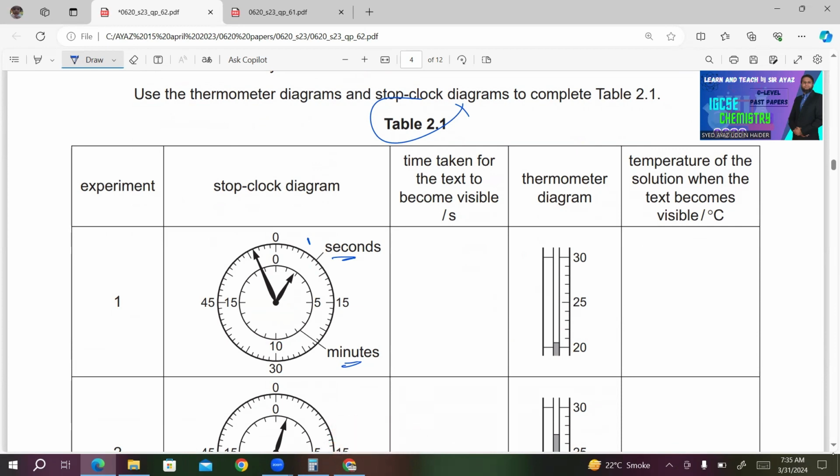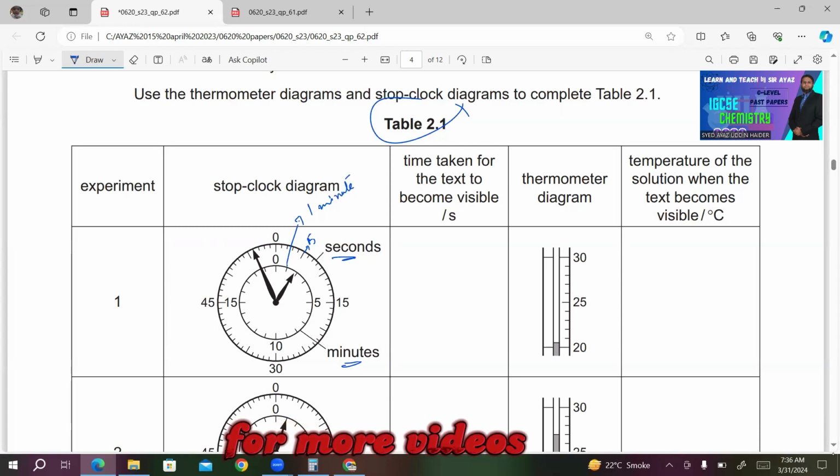We have 5 seconds here. And what about the minutes? Here we have minutes, these are seconds. So we have 1 minute. 1 minute means 60 seconds.